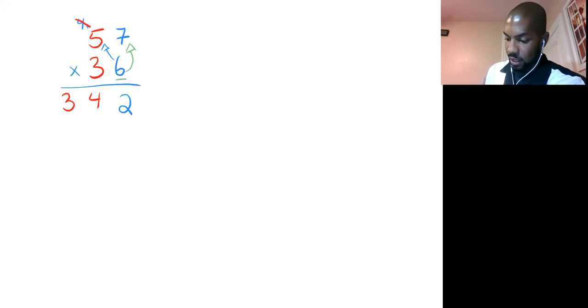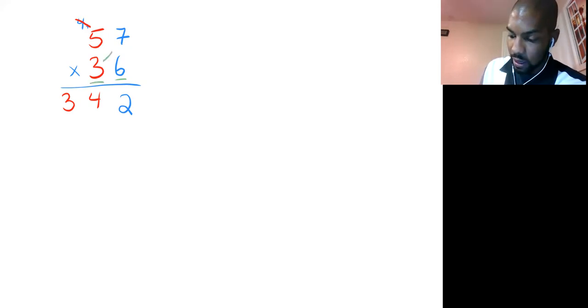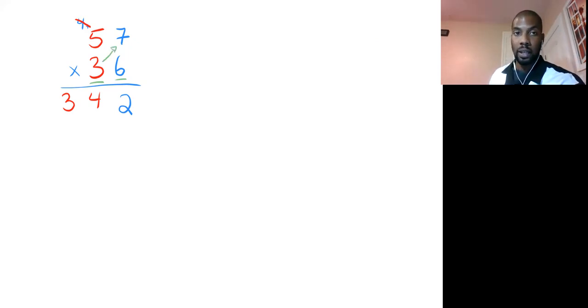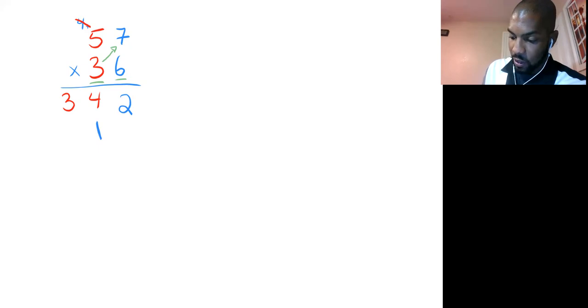And now I start to deal with the next number over, which is the 3. And then I do the exact same process. I go 3 times 7, right? 7 times 3 is 21. I drop the 1s place one side over, right? Because everything underneath the 6 belonged to the 6.